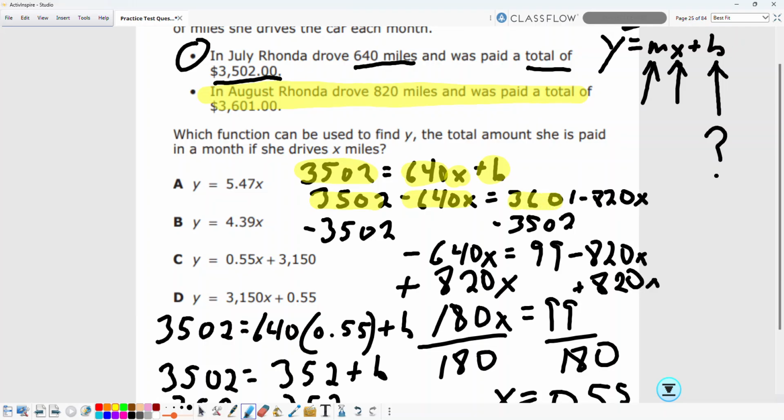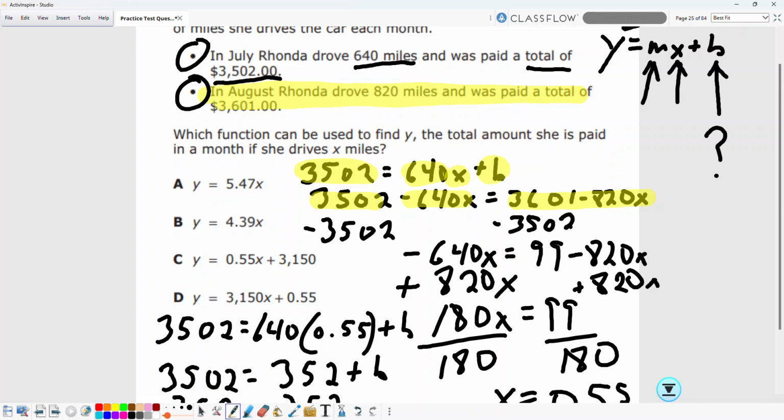We have that set up just like so. So we have July equals August. Now once we have that, what we can do is start to solve for the value of x.